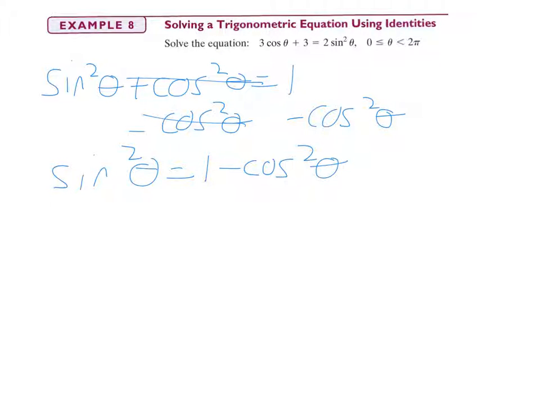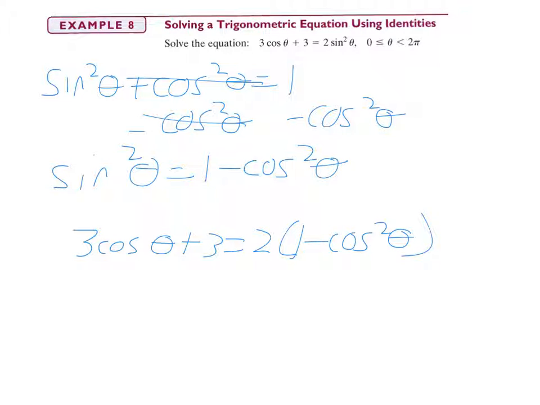So now we can substitute that in, and that would look like 3 cosine of theta plus 3 is equal to 2 times, instead of sine squared, 1 minus cosine squared. Because what we're doing is trying to create a quadratic equation with trig functions like what we had on the previous slide. So if you distribute, that'd be 3 cosine of theta plus 3 equals 2 minus 2 cosine squared of theta.